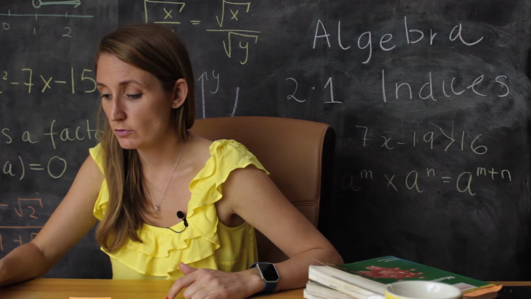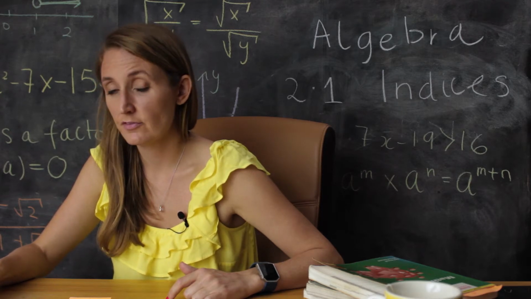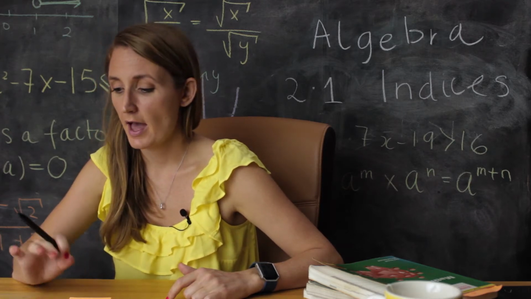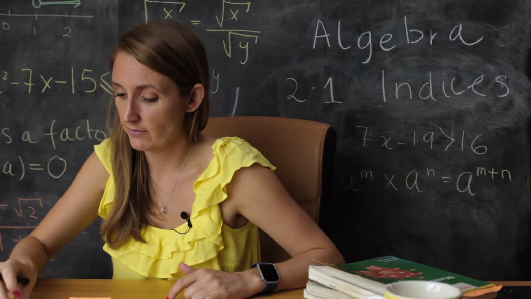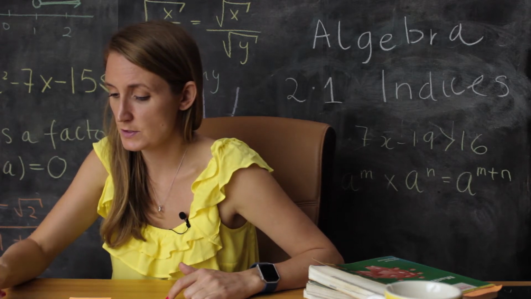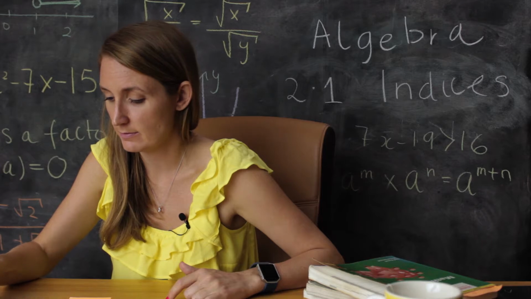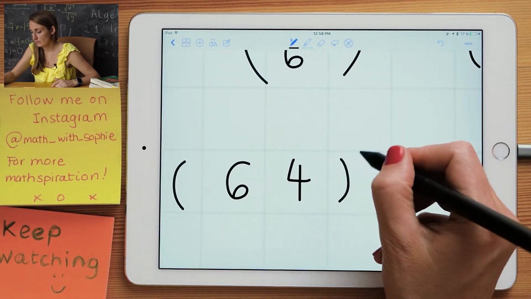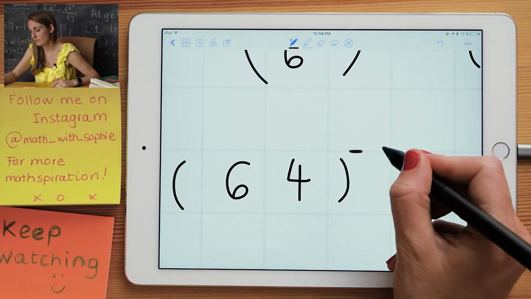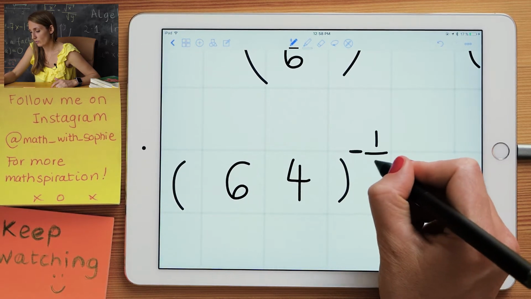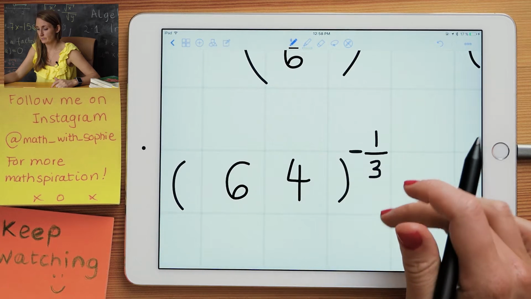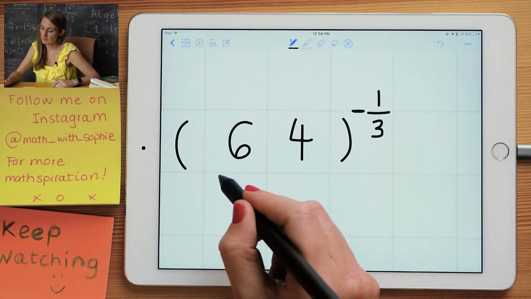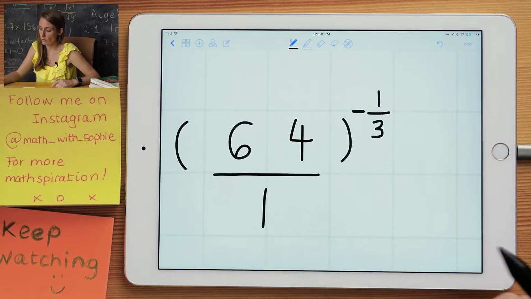Let's mix up the two topics, where we now have fractional powers and we have negative numbers. So something like this: 64 to the power of negative 1 over 3. So remember, 64 is the same as 64 over 1.